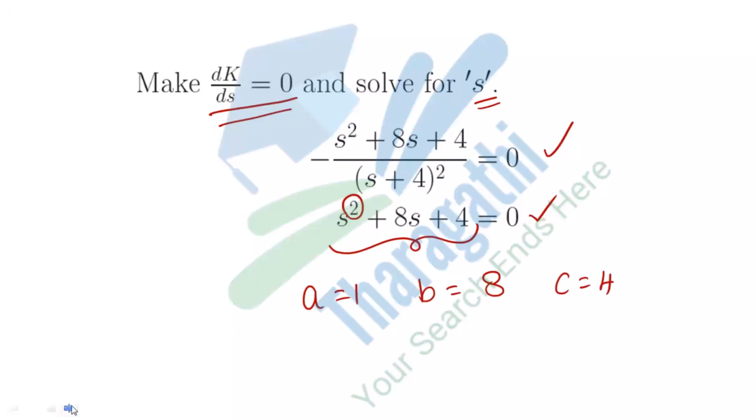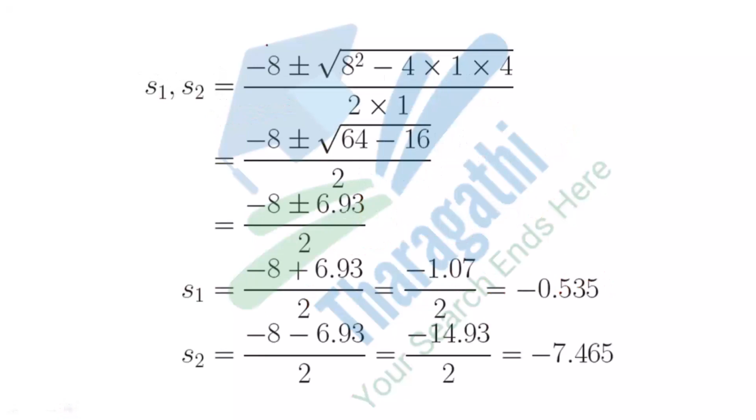Now you solve for s using (−b ± √(b² − 4ac)) / 2a. By simplifying these expressions, we get the value of s1 as −0.535 and the value of s2 as −7.465.